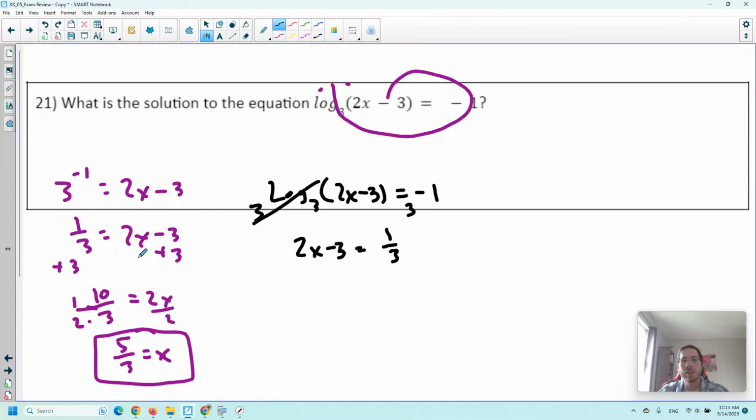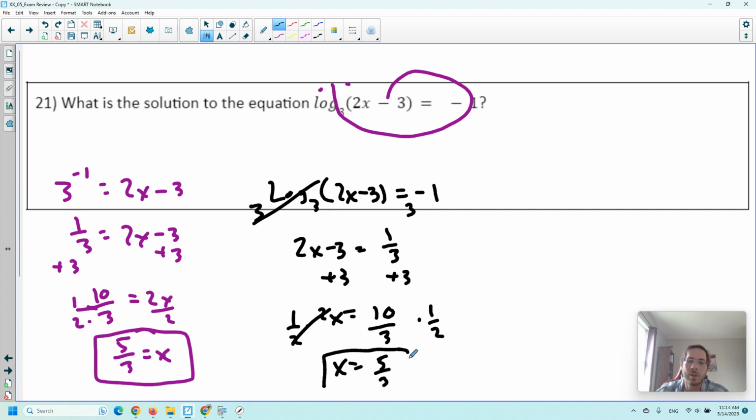And then we're back into the same flow. We're just going to do the same procedure. So add 3 to both sides. So 2x equals 10/3 again. I guess we'll be fancy here. Just multiply both sides by a half instead of dividing by 2. Either way, we still get x equals 5/3.